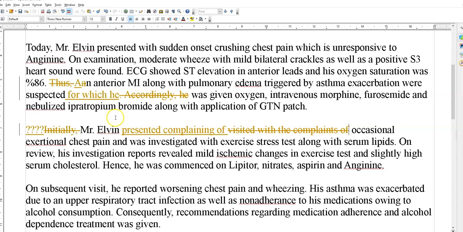Where's my cursor gone? Was investigated. Well, so it was investigated on occasional chest pain. So we can end that there. Get rid of that, because you don't have to tell me what tests you gave him. Just simply tell me what the results were. So Mr. Elvin presented complaining of occasional exertional chest pain on review. Well, right, or simply say.